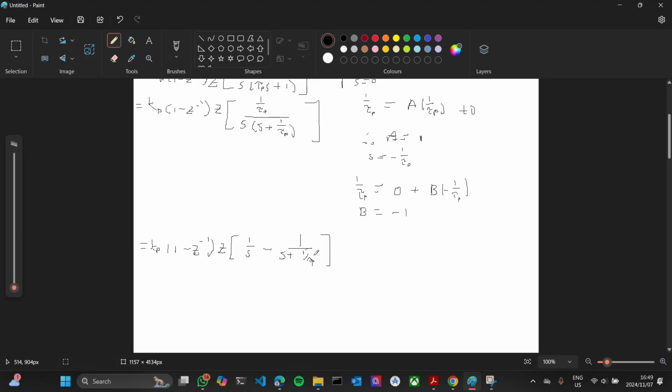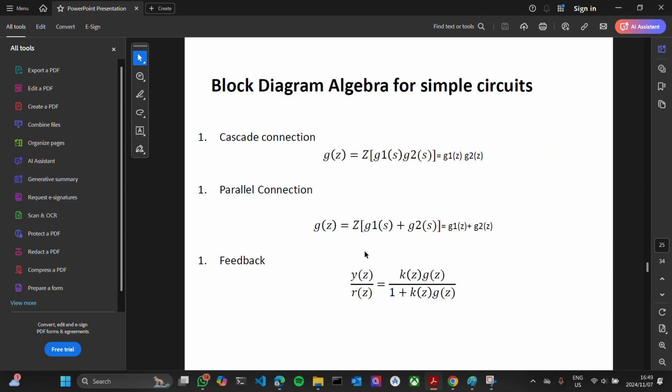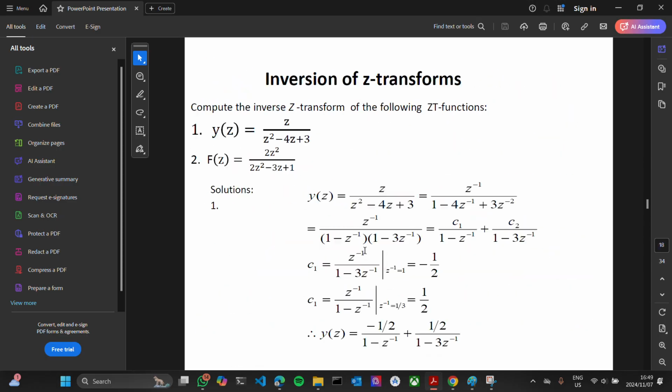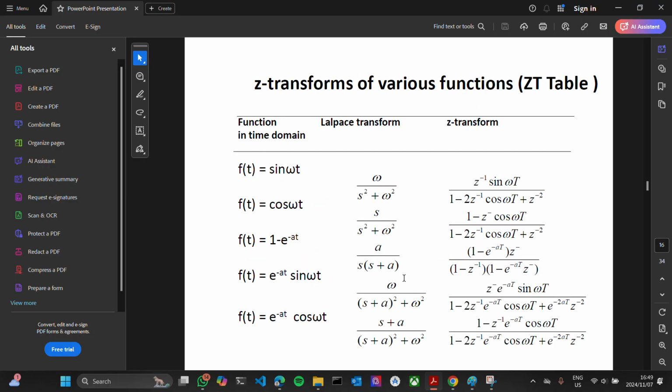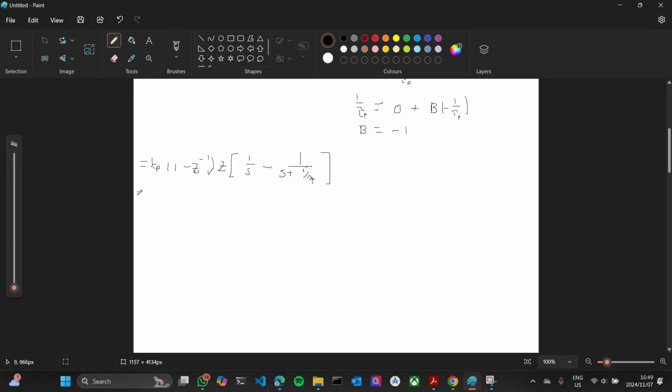Alright, so now this is in a standard form. So if you look at your table, you've got your 1 over s, and 1 over s plus a, and this unit step transform.